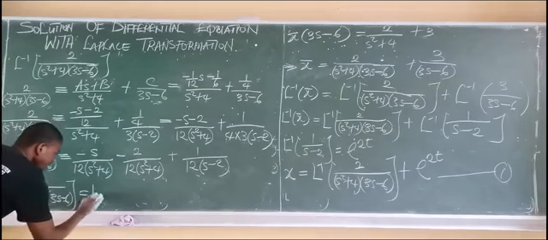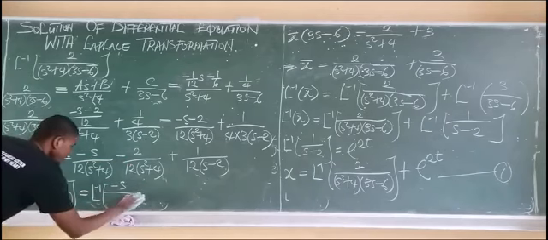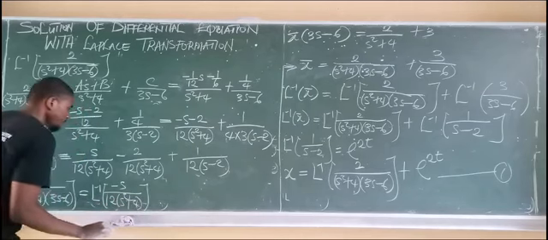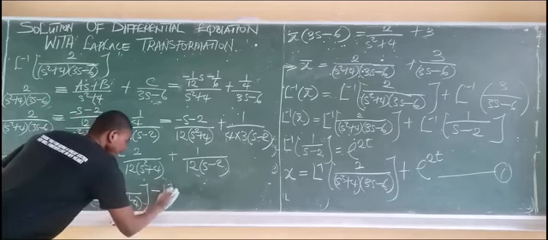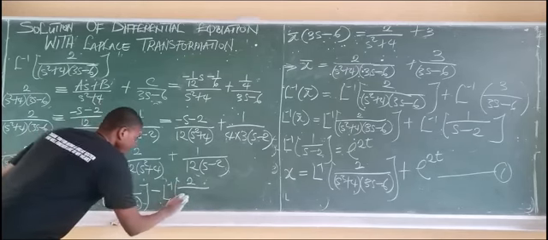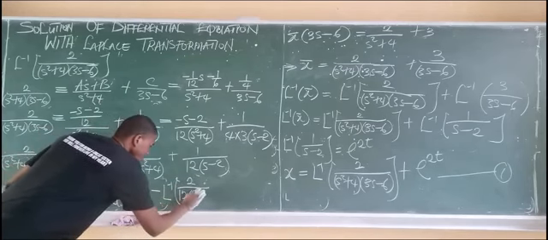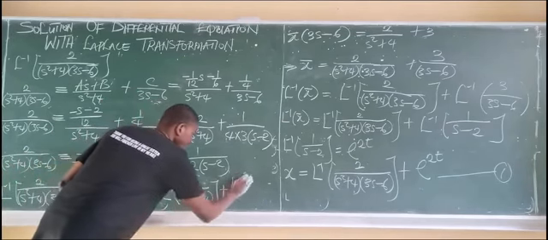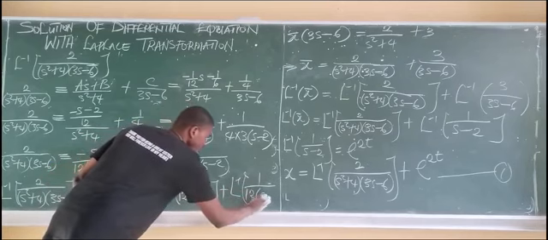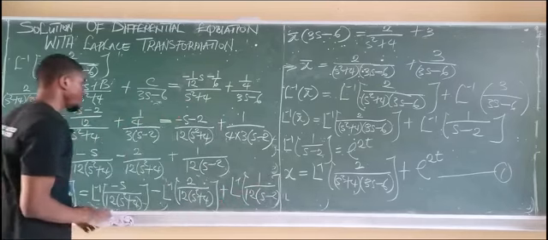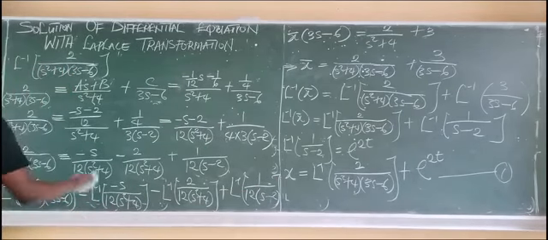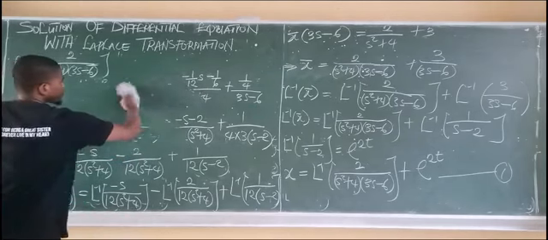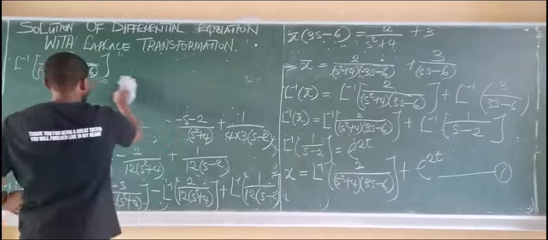So we have Laplace inverse of minus x all over 12 into x squared plus 4, minus the Laplace inverse of 2 all over 12 into x squared plus 4, plus the Laplace inverse of 1 all over 12 into x minus 2. Okay, we have this. So we can simply rewrite that result. We can simply rewrite now that results for the Laplace transformation.